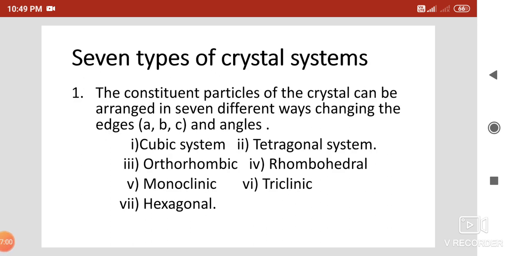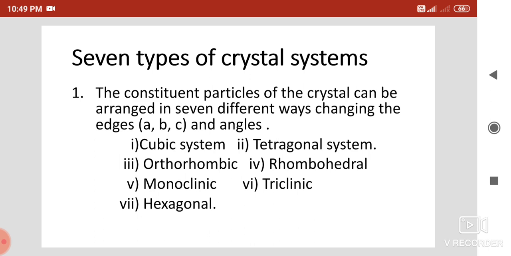So we have seen that when these unit cells are repeated over and over in three-dimensional space, they form a crystal lattice. There are seven types of crystal systems. The constituent particles of crystals can be arranged in seven different ways by changing the edges and the angles.